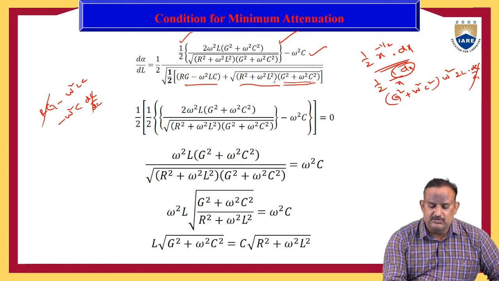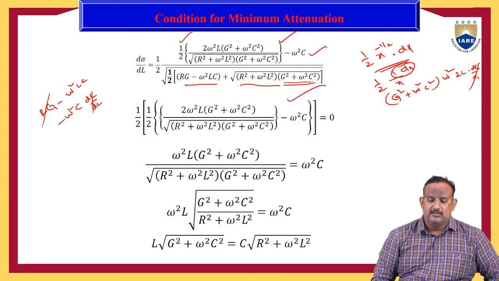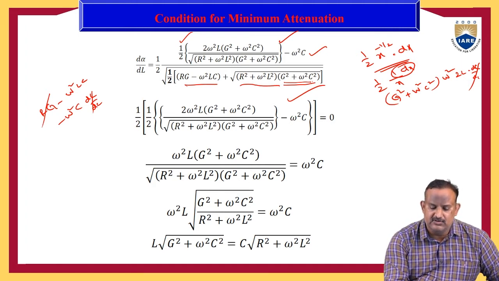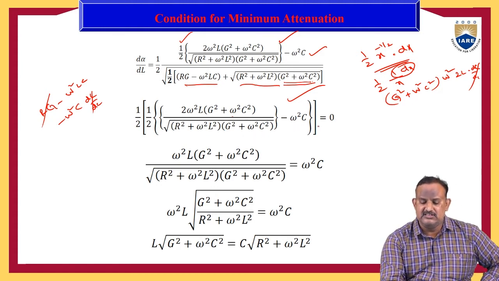If we equate the equation to 0, we can equate the numerator part to 0. Then we have 2 omega square L into G square plus omega square C square by root of R square plus omega square L square into G square plus omega square C square, minus omega square C, equal to 0.